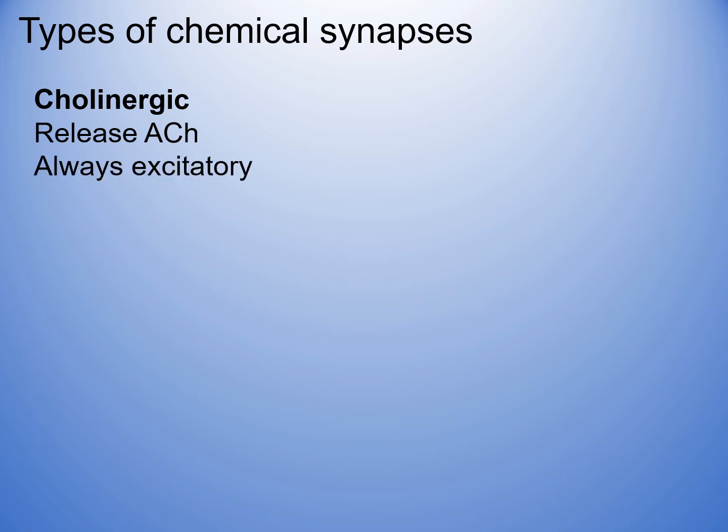The neuromuscular junction is an example of that. Cholinergic synapses are always excitatory. Think about it: the neuron excites the muscle fiber. So whether these synapses are in your brain or in your body, they're always excitatory. They always use ACh. Any neuromuscular junction is a cholinergic synapse.